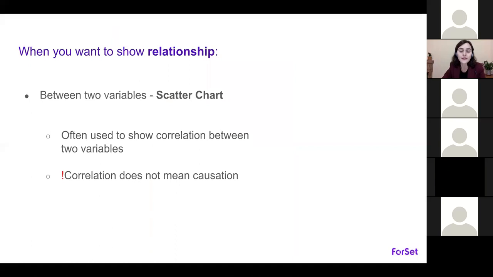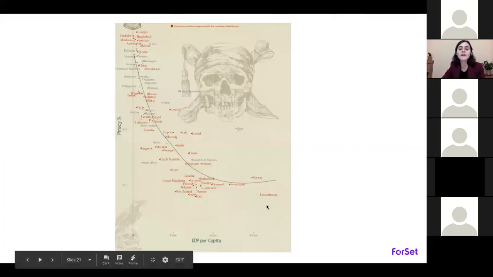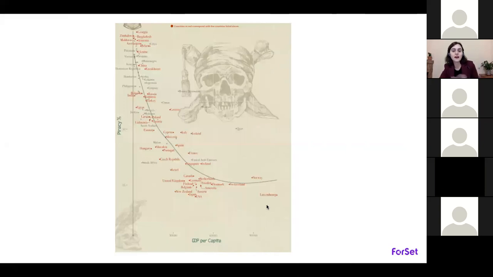Here we need again to remember that correlation does not mean causation. We cannot say that if we increase GDP per capita in one country, the piracy level will automatically also decrease.